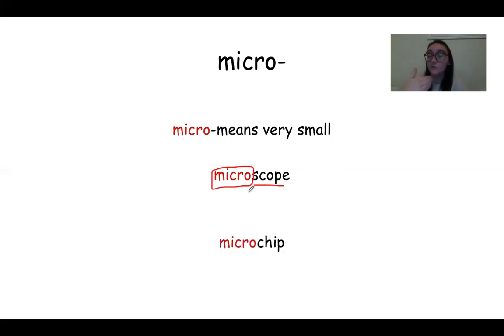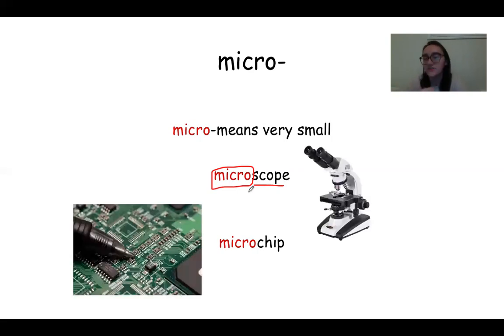And microchip is something in computers that's very, very small. I put pictures in case you didn't know what these were, but this is a microscope. And all these little bits on here are microchips. They're tiny little pieces that go into a computer. So they're very small, so they use the name micro in them.